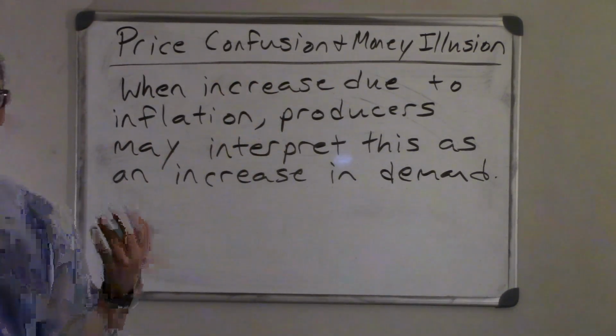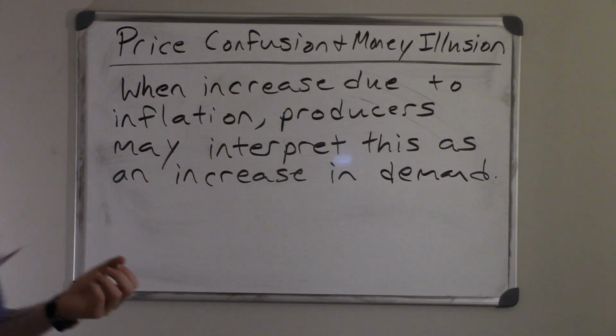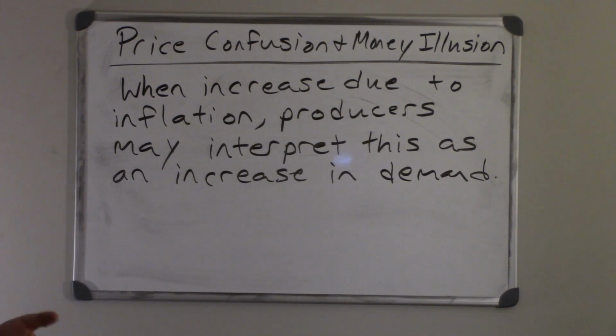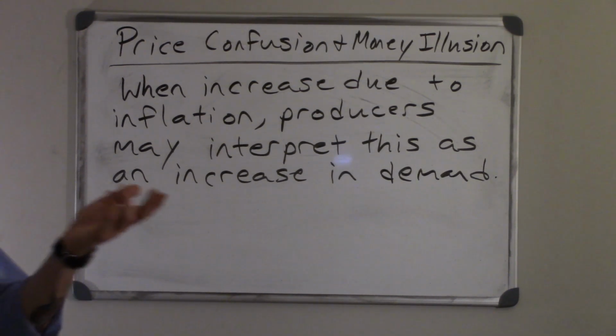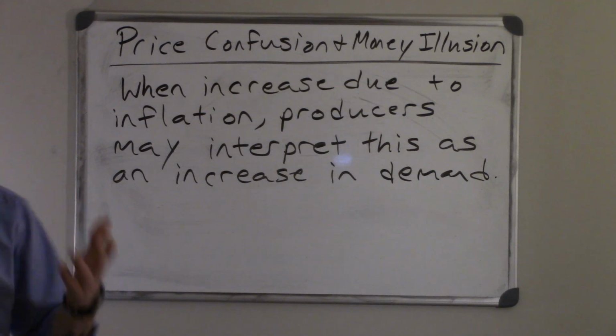All right, so producers see that prices are going up. They assume that prices are going up because there's increased competition between consumers to get this good, all right? So kind of a change in demand, right?